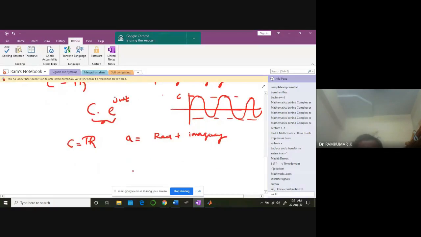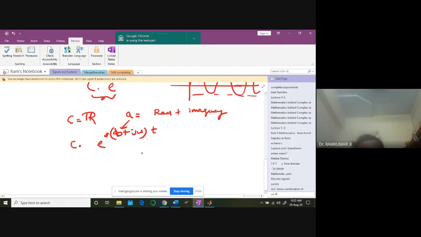That's what we learned. C is real, then e power, instead of putting that, I put A, which is complex, and I'm writing it like this: B plus j omega, times t.